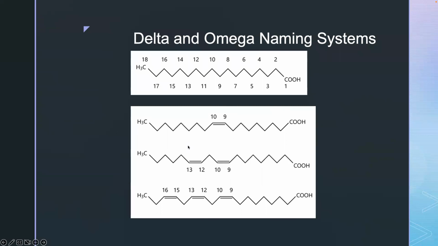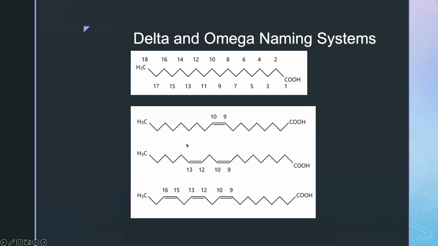If you have, for example, 2 double bonds in the delta naming system, then you would have to list where both of those double bonds begin in that superscript. This one again has 18 carbons, so it's going to be 18 colon 2.